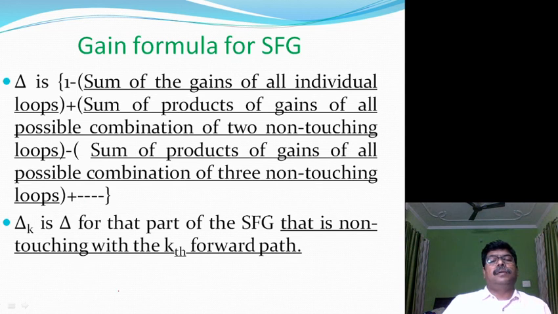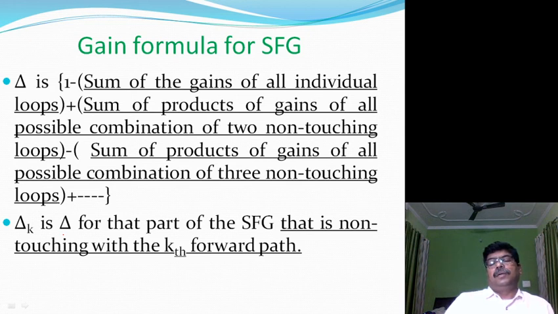Here delta k is the delta for that part of the SFG that is non-touching with the kth forward path. So if the kth forward path is touching the loop, then this delta k will become 1. So for a touching loop, this delta k will become 1. So this way Mason's gain formula is used to get the gain between the output and input.